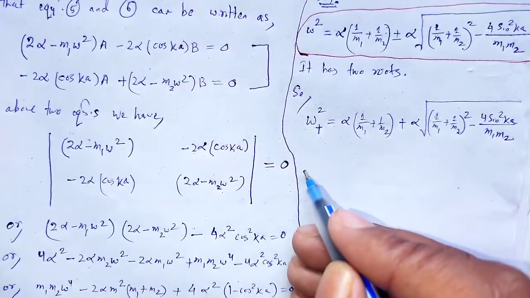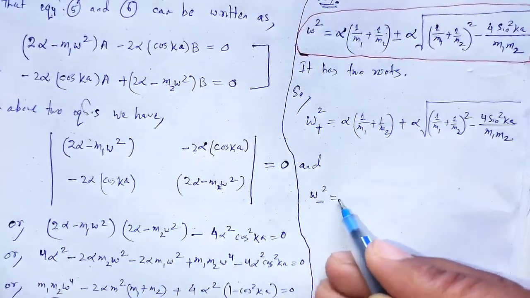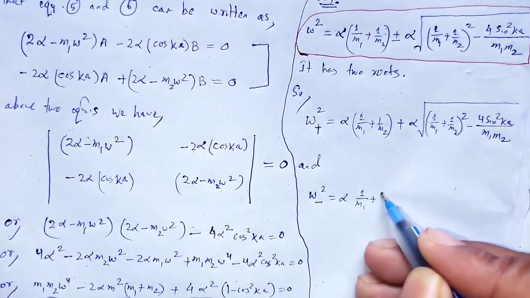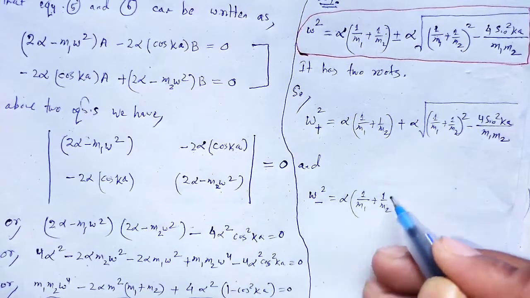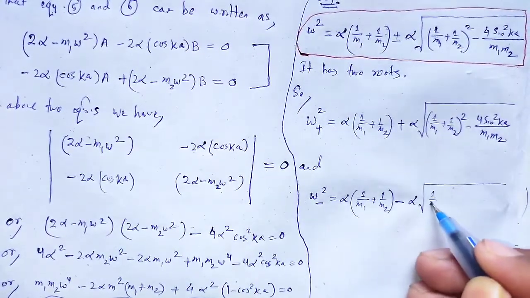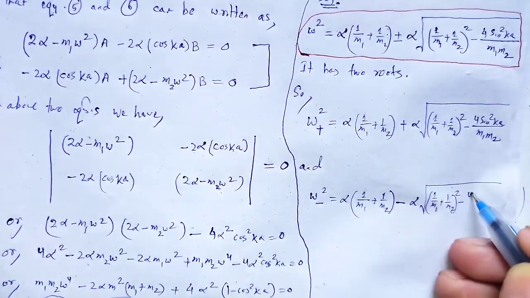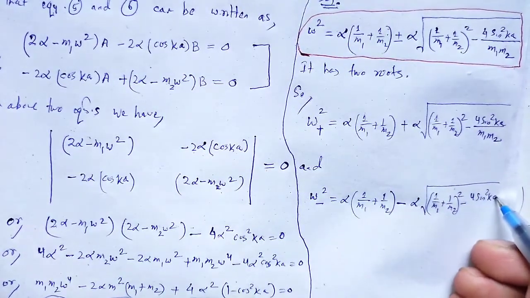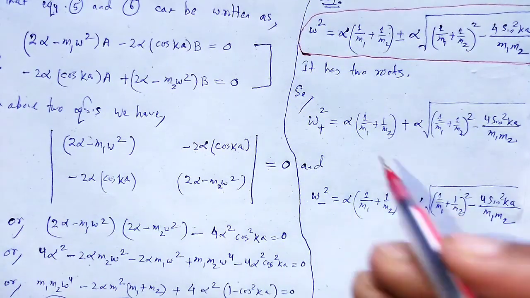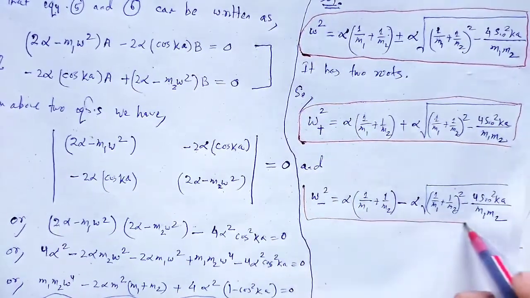And for the negative one, omega minus square is alpha (1 by m1 plus 1 by m2) minus alpha into the root of (1 by m1 plus 1 by m2) whole square minus 4 sin square ka divided by m1 m2. One root, this is another root.